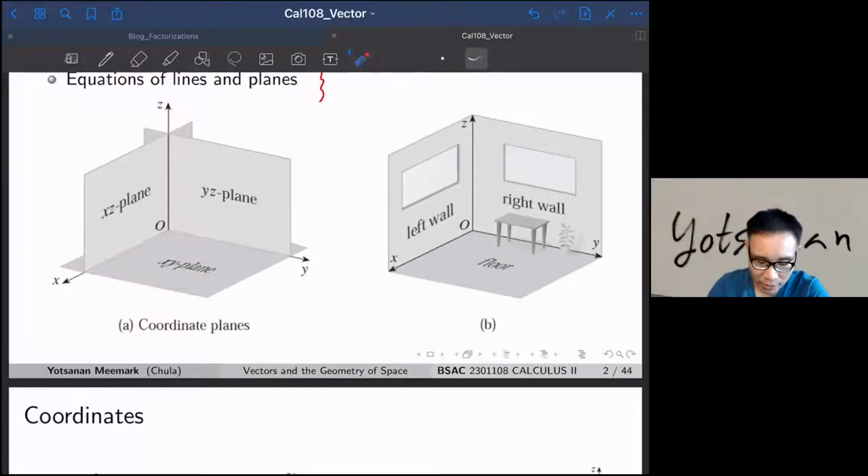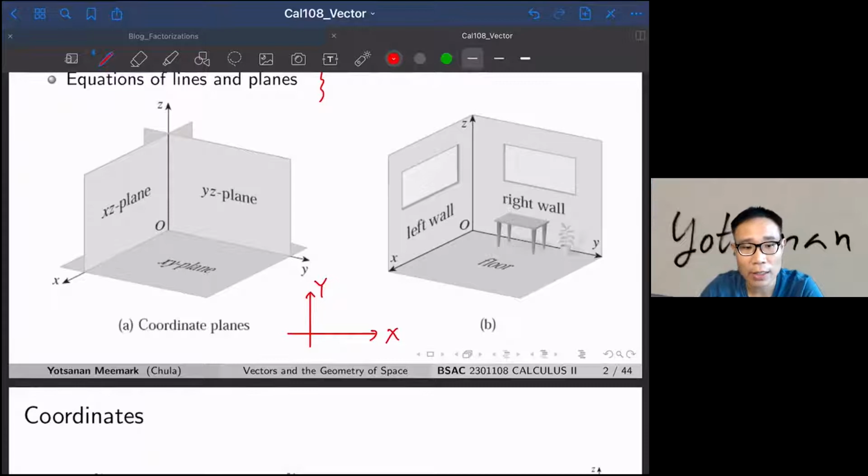And this xy plane that you used to study in calculus 1 turned out to be the two-dimensional thing. In calculus 1, you used to have the x and the y. So this one is two-dimensional, which we already covered in calculus 1.